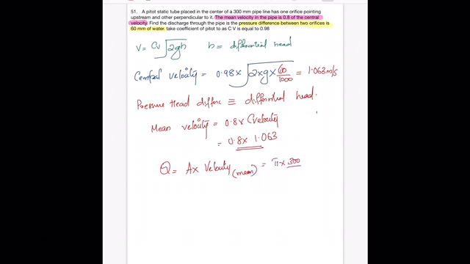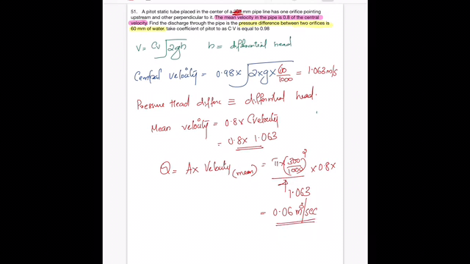That is pi into d square by 4, with d equal to 300 by 1000, times 0.8 into 1.063, that is equal to 0.06 meter cube per second.